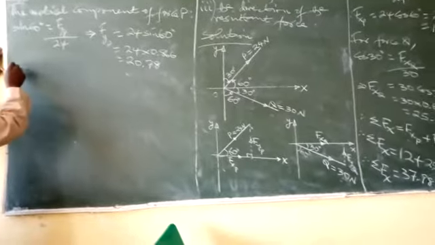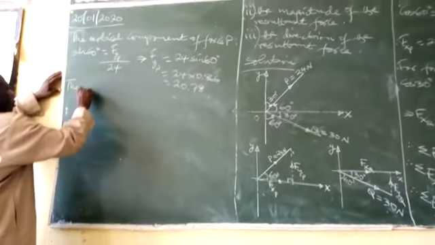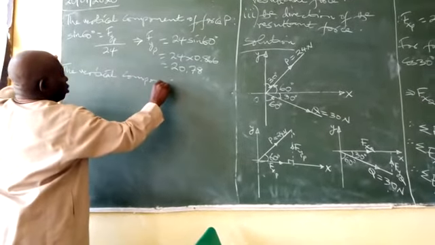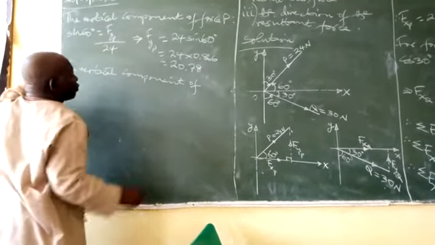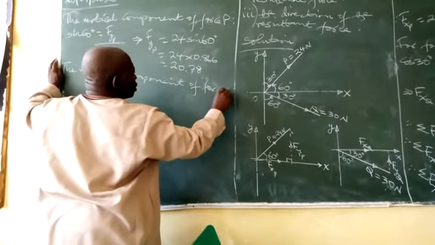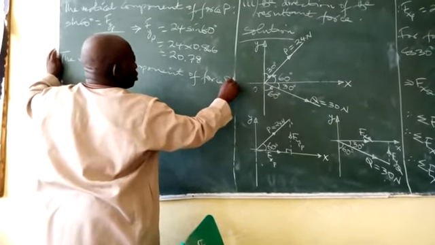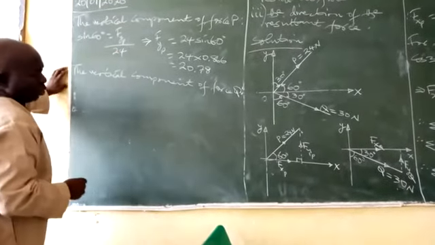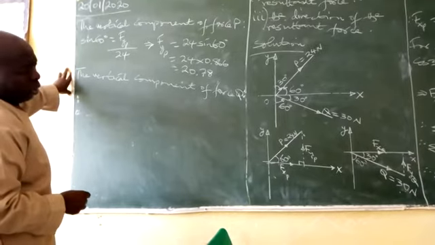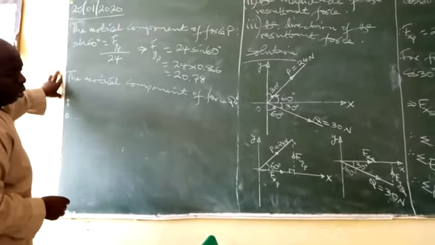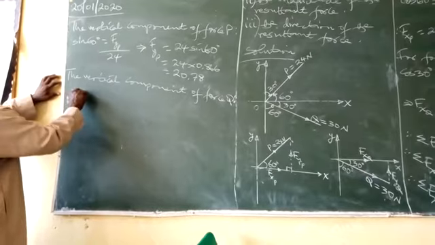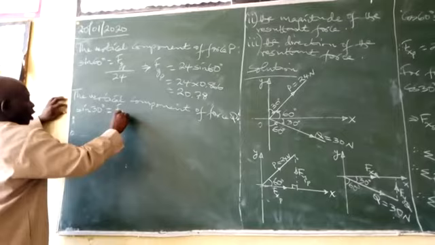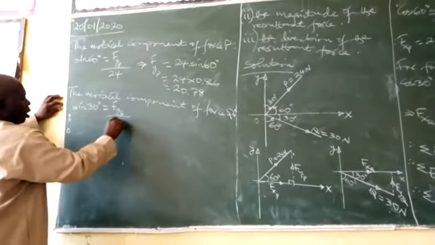And then the vertical component of force Q. For force Q, I have sine 30 degrees equals F sub y Q over 30.